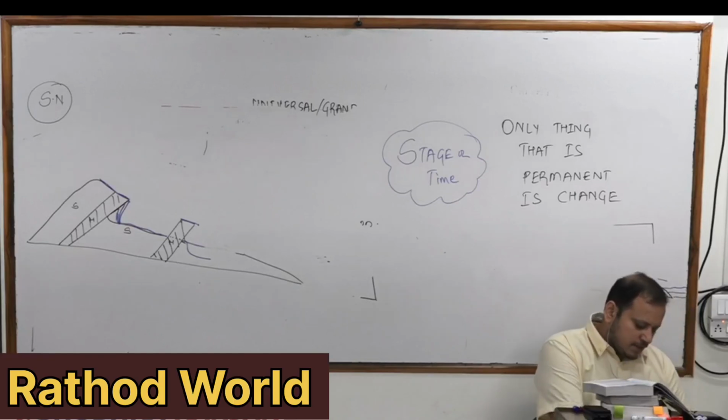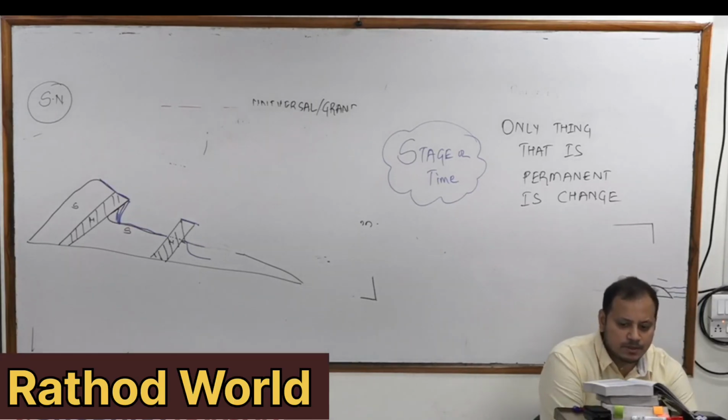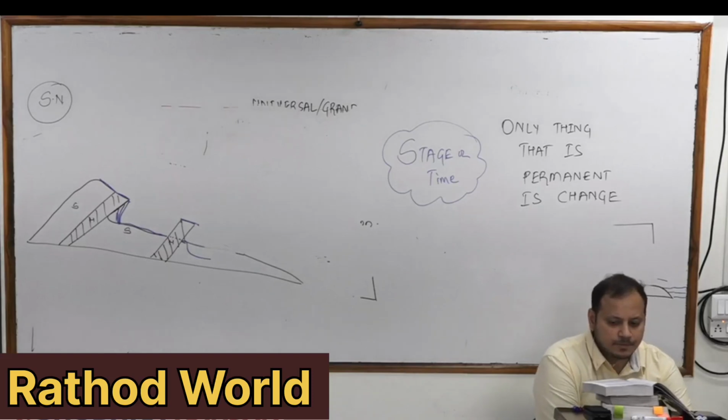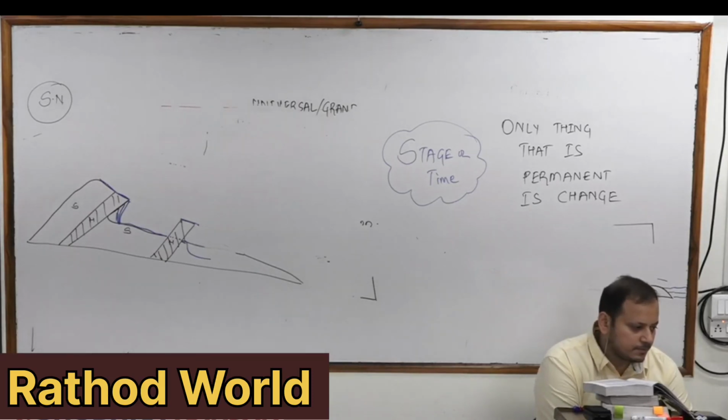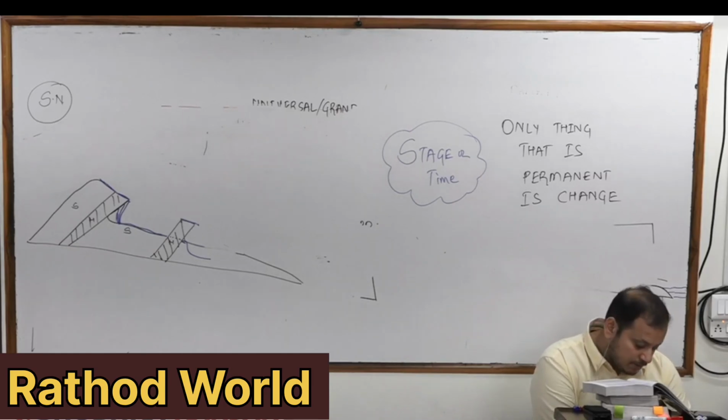Next point, structure also includes presence or absence of joints, size of the rocks. See, this is also very important. Smaller rocks will be destroyed.